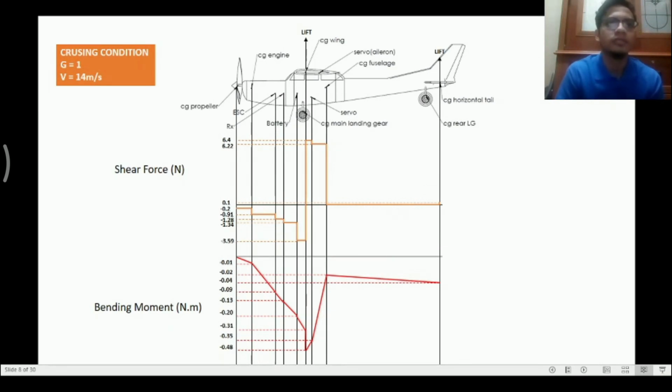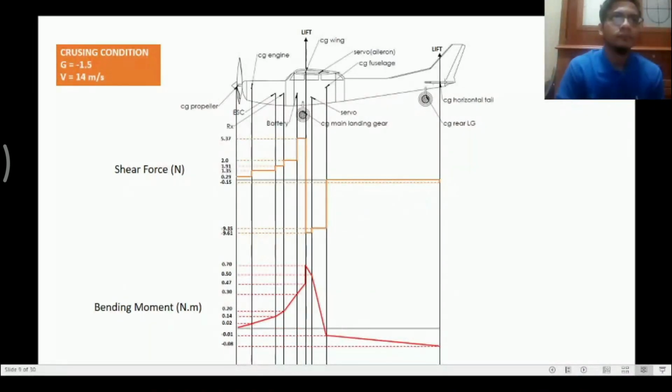The shear force is 6.4 Newton and the maximum bending moment in this cruising condition is negative 0.48. Next is the cruising condition in G equal to negative 1.5. The maximum shear force is 5.37 Newton and the maximum bending moment is 0.7 Newton meter.